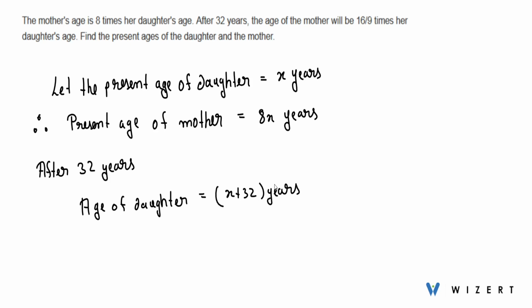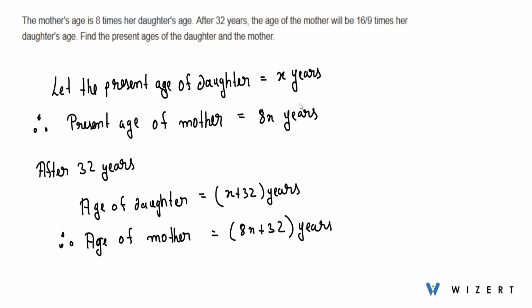Similarly, if present age of daughter is x years, then after 32 years her age will become x plus 32 years. As simple as that. Therefore, age of mother will be equals 8x plus 32 years.